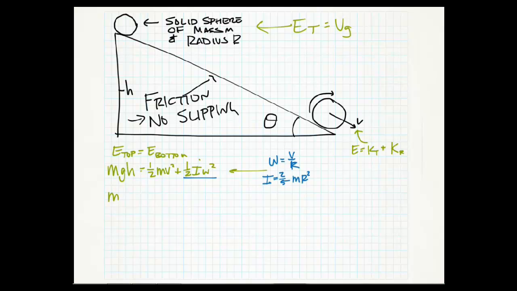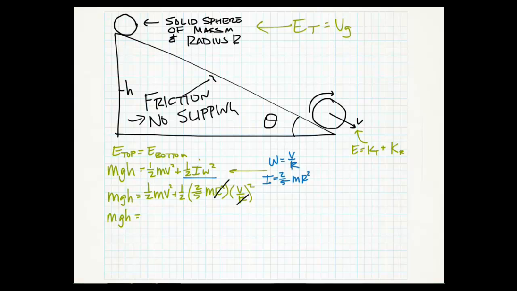So mgh is equal to 1/2 mv squared plus 1/2, let's plug in for I, so 2/5 mr squared, and we're going to plug in for omega, v over r. That quantity is squared. Now, because that quantity is squared, my r's can go away. And so this thing simplifies a little bit into something that we can work with.